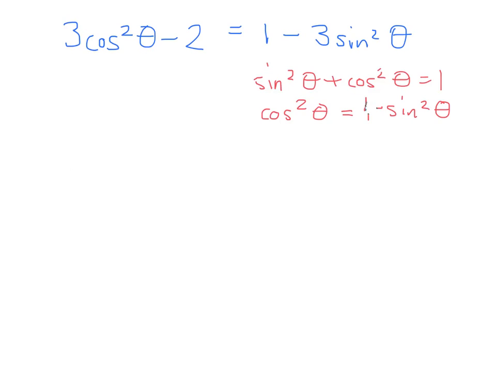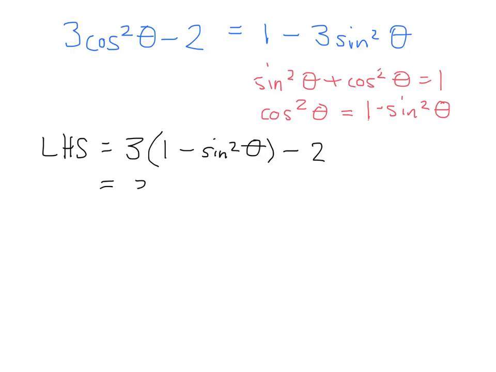Okay, so using this modification, we're going to know that our left hand side, we can turn that 3 cos squared theta into 3 bracket 1 minus sine squared theta, minus 2.